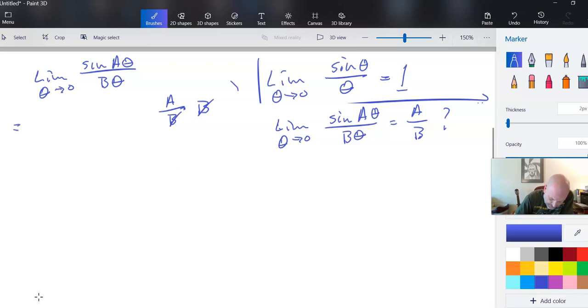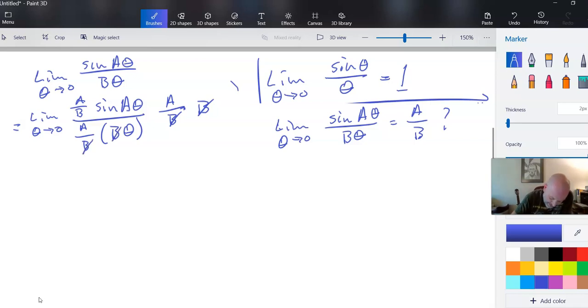So that means I'm going to change this now to the limit as theta approaches 0 of A over B sine A theta over A over B times B theta. The B's cancel out, and so I have that A over B in the front.